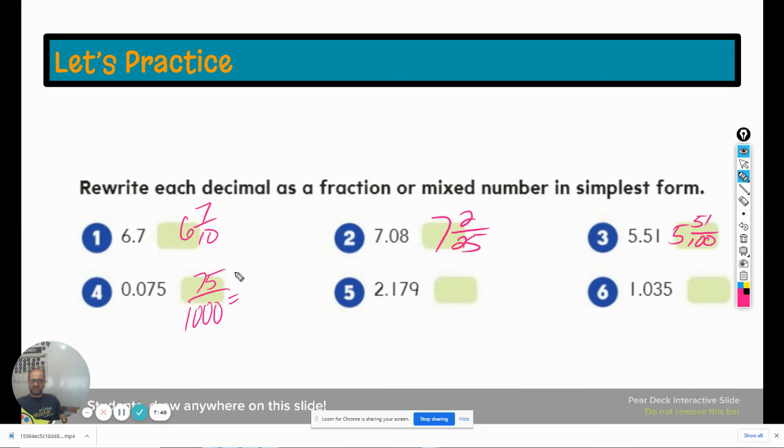I'm going to divide by 25. I don't know, we get 3 40ths. Don't ask me how I know, no, this can't be simplified. And then 1 and 235 divided by 5 is 7. 1,000 divided by 5 is 200ths. 200. Beautiful.